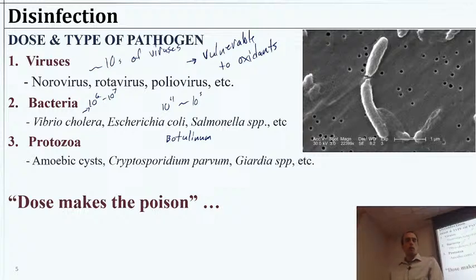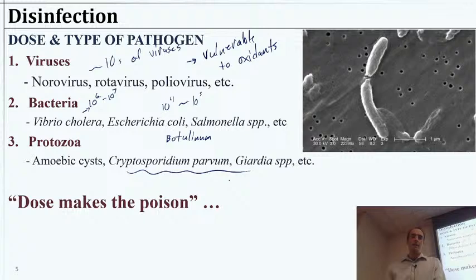Then we have protozoa. These would include amoebic cysts, so we don't want amoeba. We also often call these parasites in general, especially Cryptosporidium parvum, Giardia, things like that. If you've heard of hiker's diarrhea, if you fill your water bottle up from a stream and it's relatively clean, these are naturally occurring and in the environment fairly often.